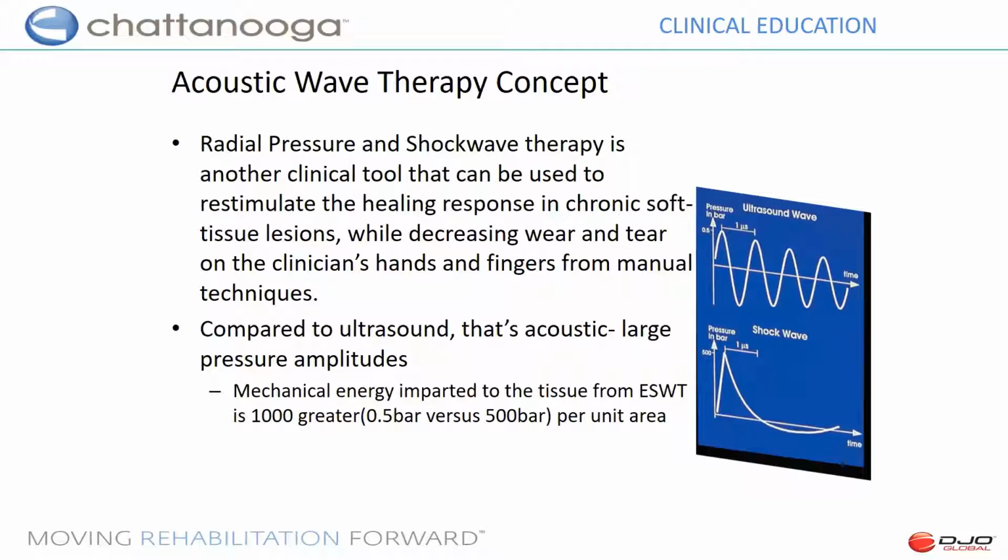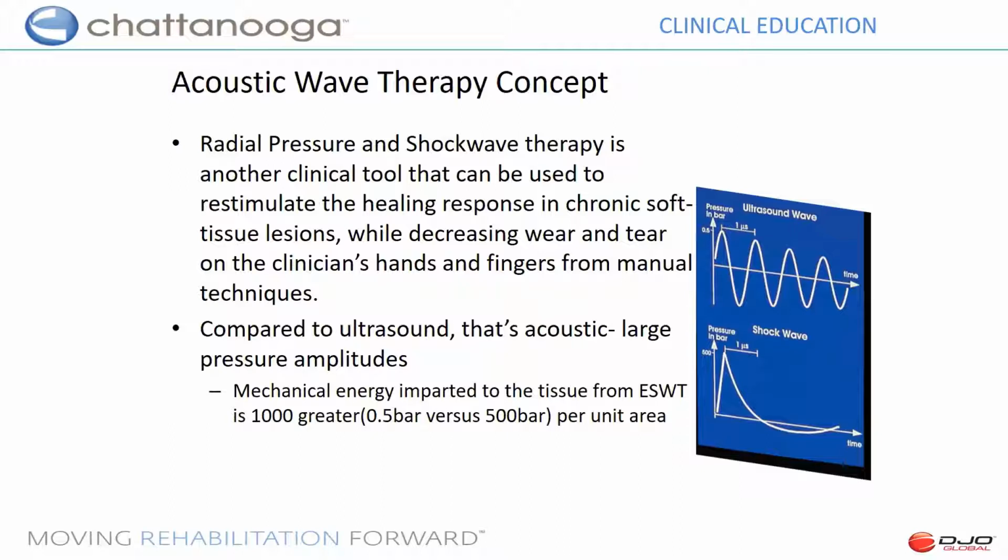It starts as acoustic, so it's a sound wave, and then when it hits the tissue, it becomes mechanical through mechanical transduction. Think about putting your face in front of a loudspeaker and feeling that wind, which is actually the acoustic energy. It hits your face, and now it becomes mechanical energy as it traverses any deeper into the tissue.